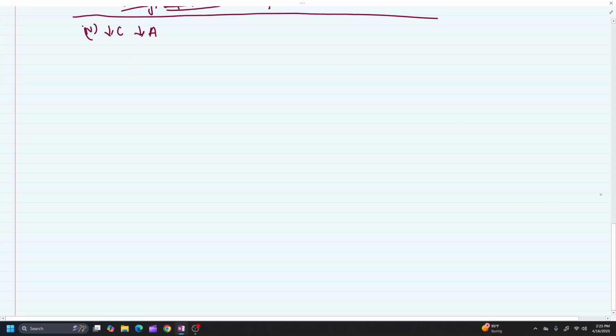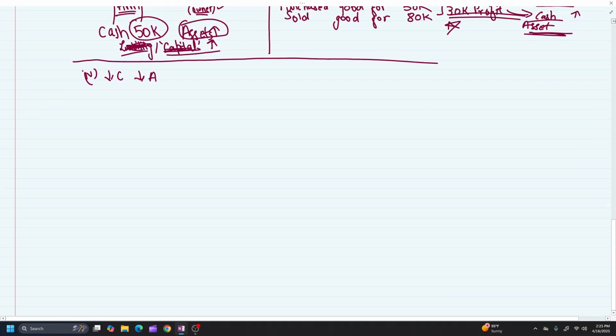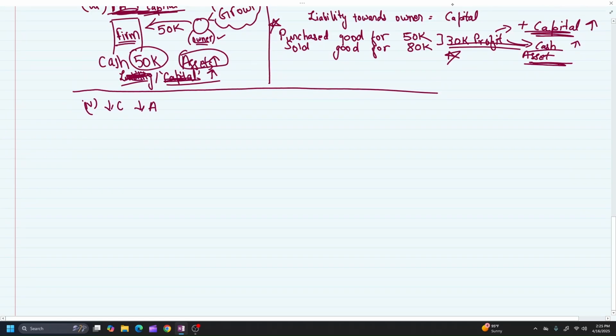What we saw above, let's do it opposite here. Here profit happened, so increase in capital. Now if it's a loss of 30K, let's say purchased goods for 80K and sold goods for 50K, it will lead to loss only. So this loss will lead to capital decrease, asset decrease.